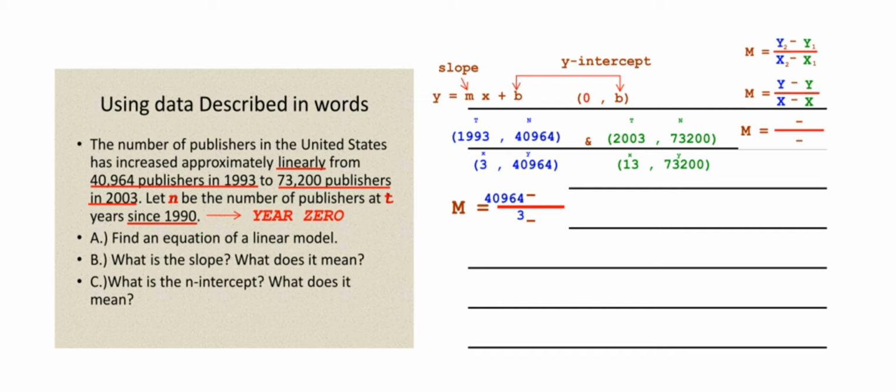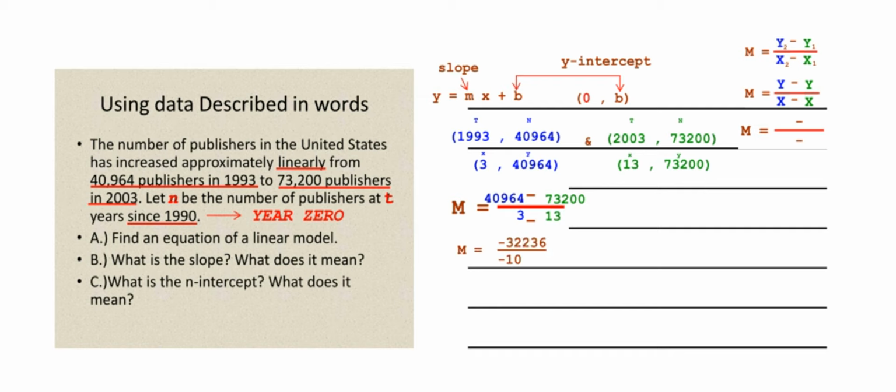And likewise for the other side of our negative sign, 73,200, and the one that belongs to it, the 13, is the x for that particular coordinate. So y value on top of the x, that is the main criteria for this. Otherwise I could have swapped them around and written 73,200 over 13 first, and then the 40,964 over 3, and it would still work. But we just don't want to interchange x's and y's, agreed?